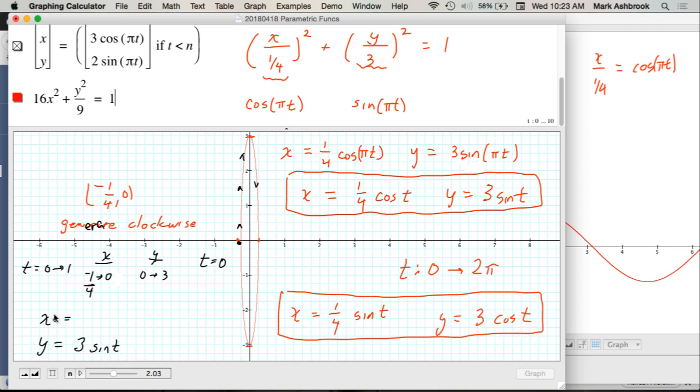So now we need x to go from, and actually the way I'm writing this is going to be pi over 2 t. Okay, what about x? I need x to go from negative 1/4 to 0 to positive 1/4 to 0 to negative 1/4. So it's like cosine, but it's just what? Related to cosine. Just negative.